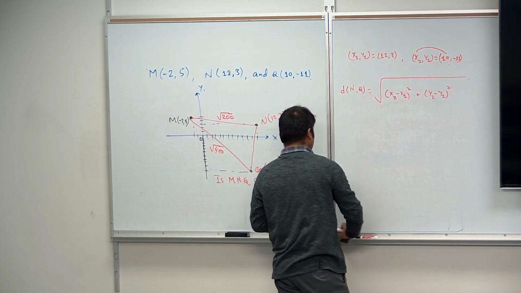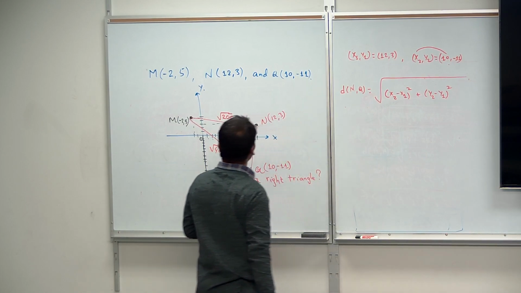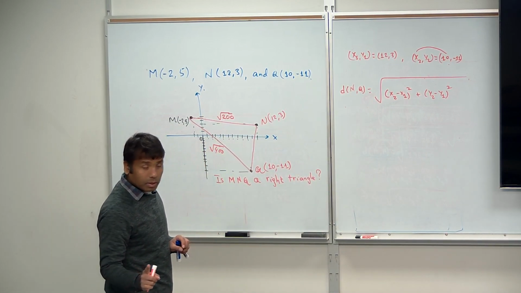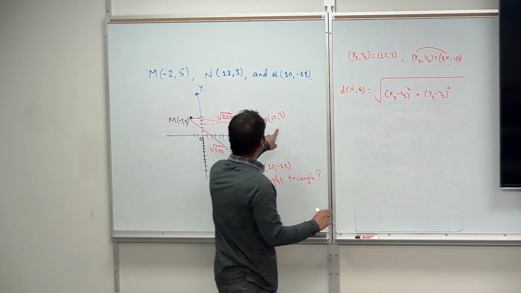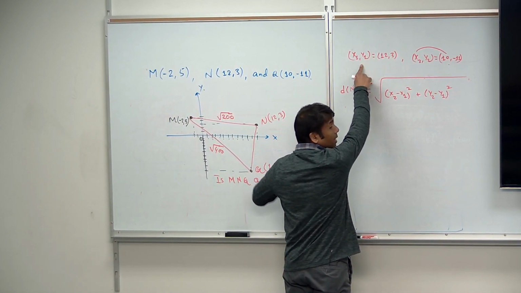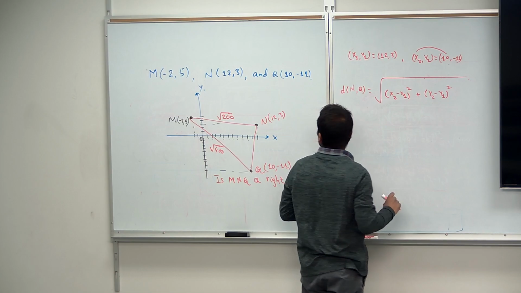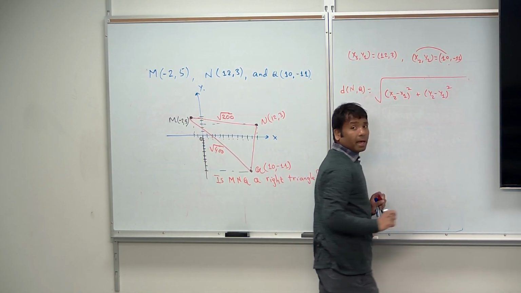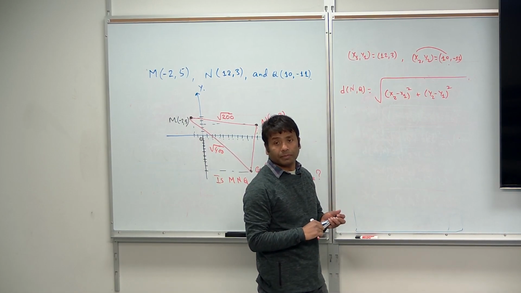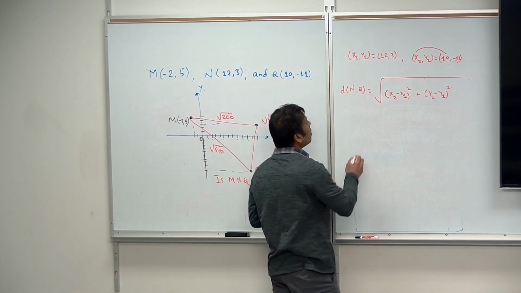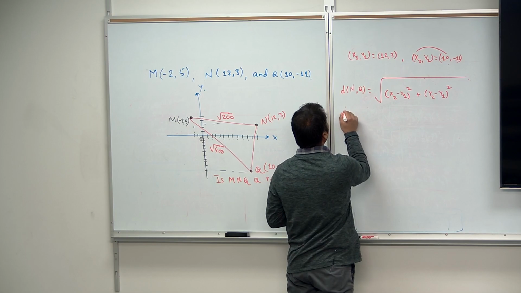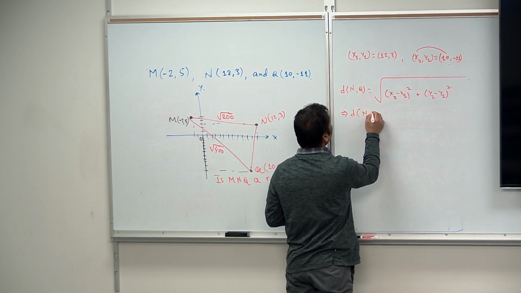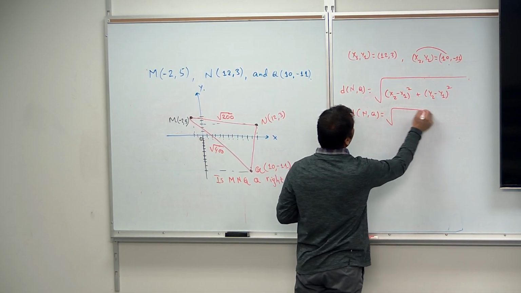We consider N as x1, y1, and the coordinate of Q is 10, negative 11. So the distance between N and Q is the radical.